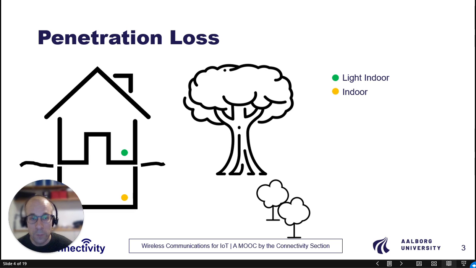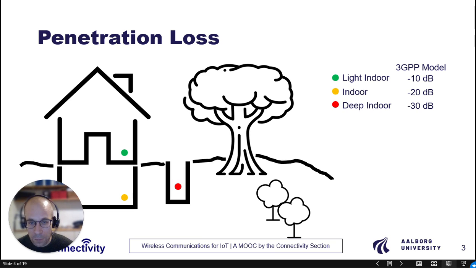You can probably hear it from the naming. Light indoor is providing one penetration loss. Indoor is a bit higher penetration loss, and then of course deep indoor, where we have the meter installed in a pit in the front yard.